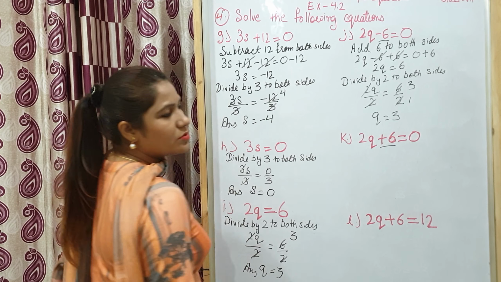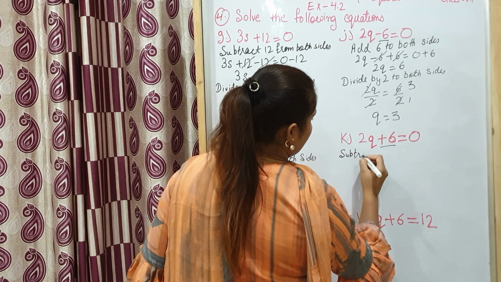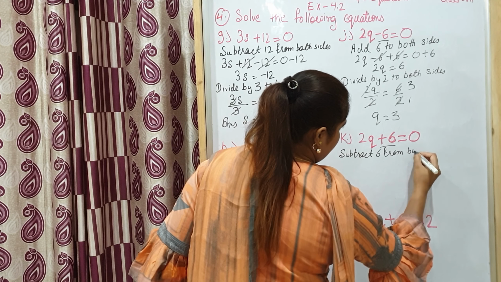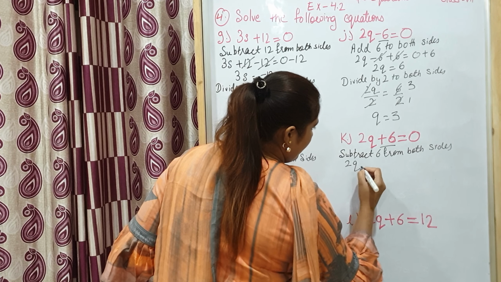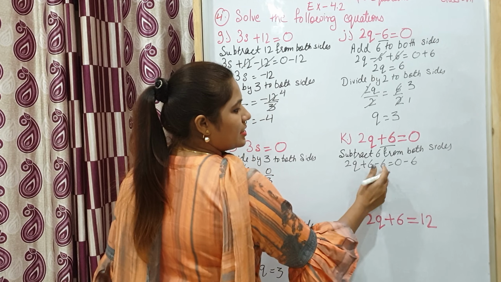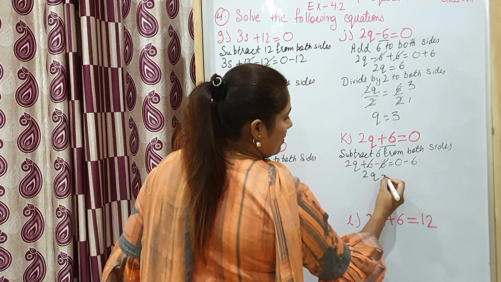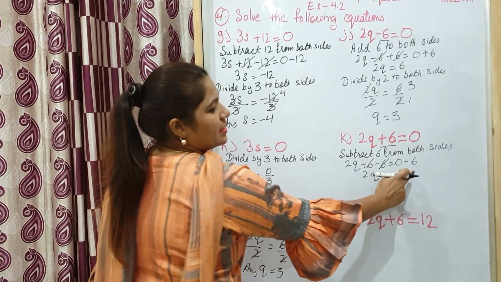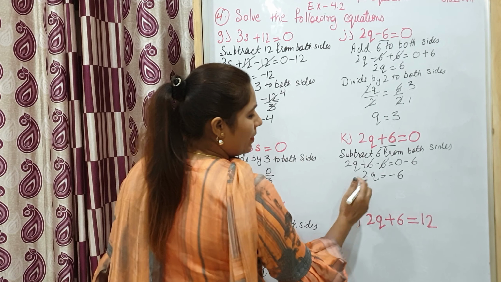plus 6, we will do minus, subtract 6 from both sides. 2q plus 6 minus 6, 0 minus 6. Plus 6 minus 6 cancel, student. Plus minus is minus, sign of the bigger term, that is 6. In front of 6 here is minus, so we put minus. 2 and q multiply.